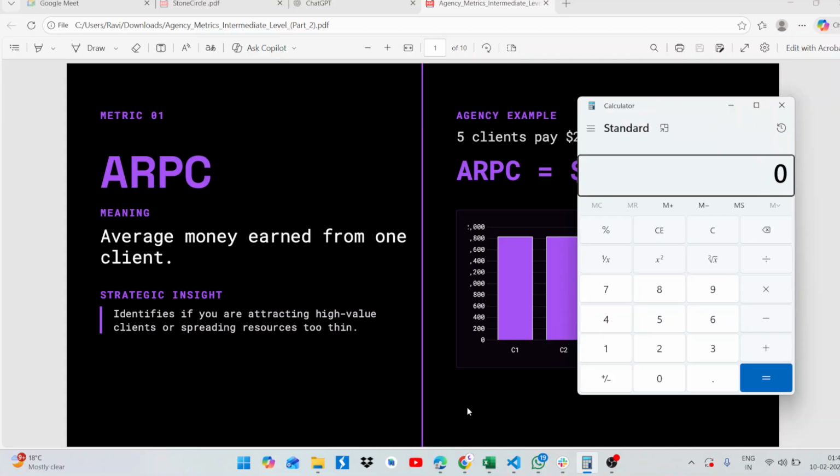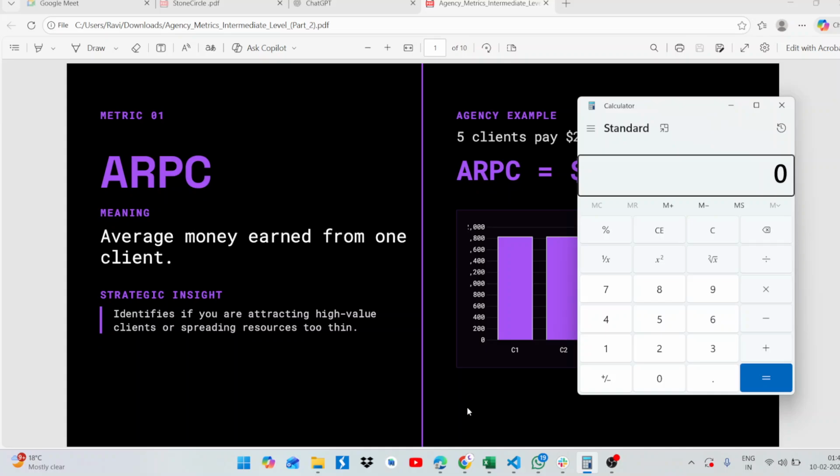His ARPC is higher than yours with four clients paying 4,000 in total. You are spending a lot of time on four clients, whereas the other freelancer has just one client. So the higher the ARPC, the better.